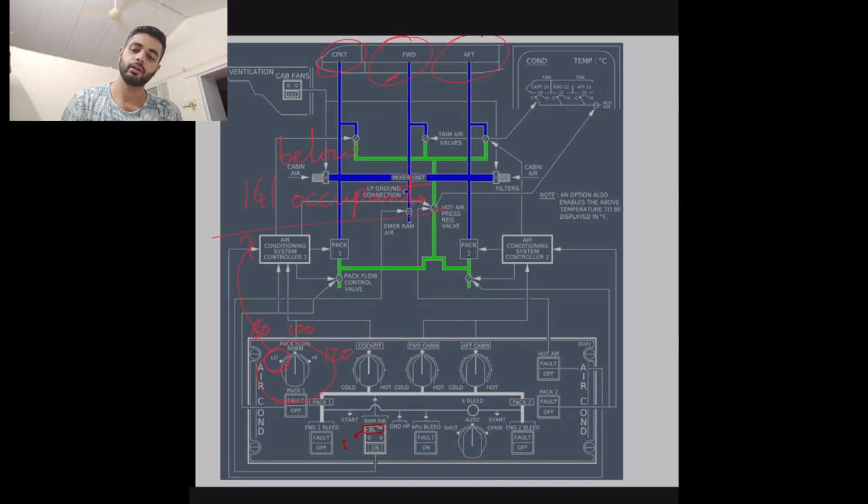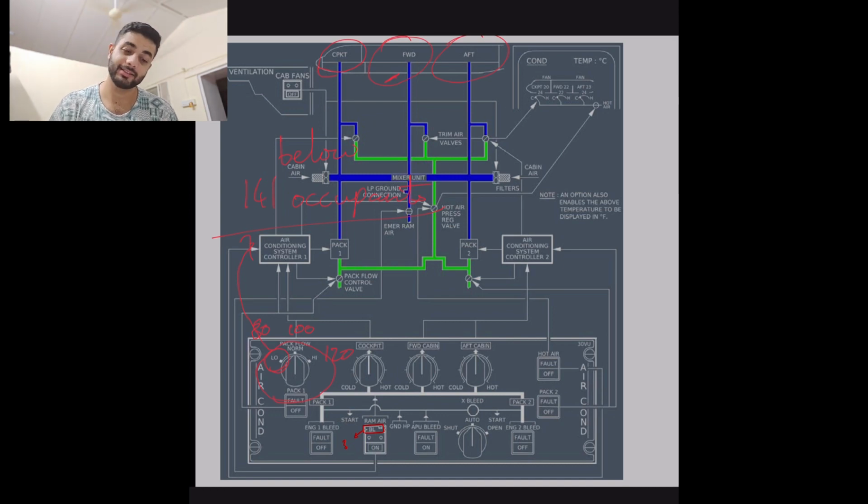Temperature control is lost. You only have whatever temperature the pack is producing. One lane failure, no effect; the second lane will take over. Both lanes failure: related pack lost, hot air pressure regulating valve and associated trim valves close. Both lanes of the same ACSC.